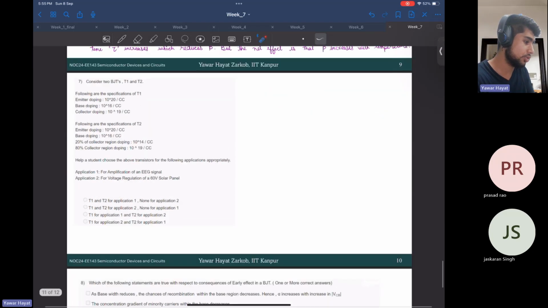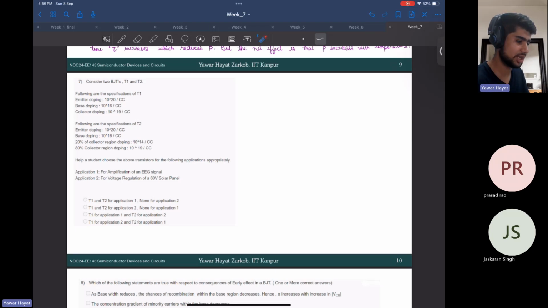So now we move on to the seventh one. We need to consider two BJTs, T1 and T2. The specifications are as follows. For the T1, emitter doping is 10 to the power 20 per centimeter cube. The base doping is 10 to the power 16 per centimeter cube. Collector doping is 10 to the power 19 per centimeter cube.